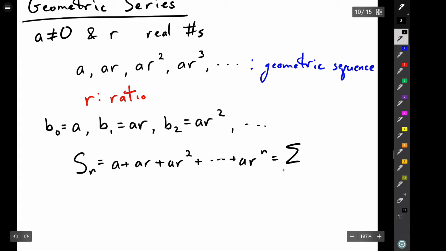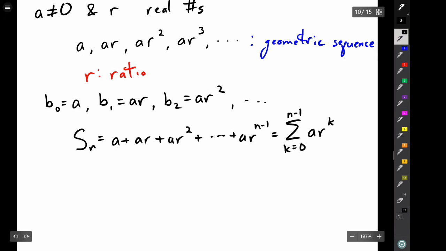Sorry, I want to change this up a little bit. Sn should be the sum of the first n terms, so this is n minus 1 here. The sum of ar to the k from k equals 0 to n minus 1. This right here is called a geometric series.